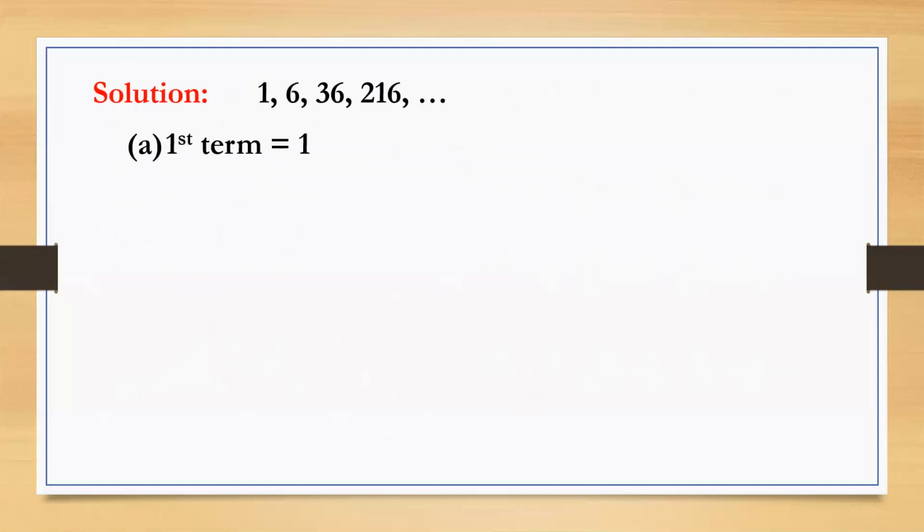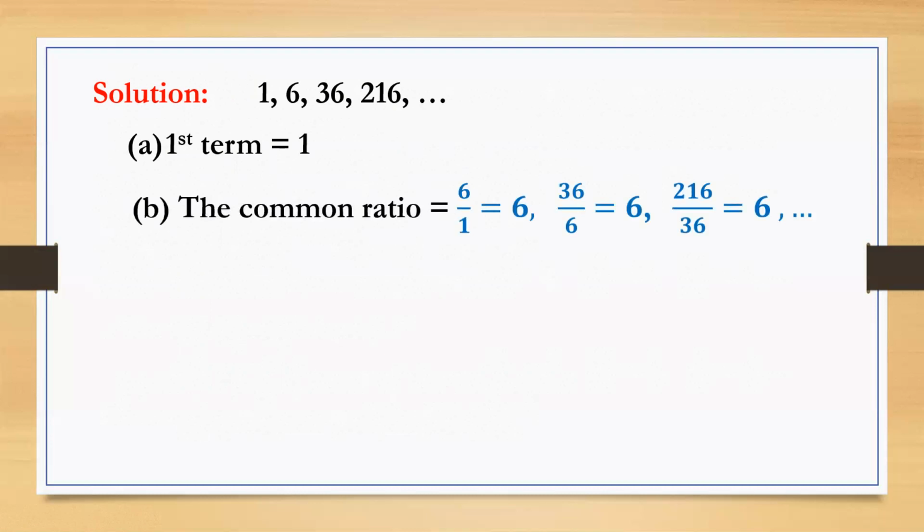So here the first term is 1. The common ratio is either 6 over 1, which is 6, or you can also say 36 over 6, which is 6, or even 216 over 36, which is 6. So the common ratio is 6.